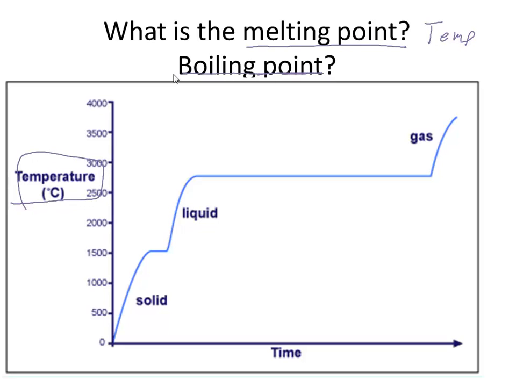So I have a solid here, and then I have my plateau here. It's still solid here, and it becomes a liquid here. What temperature is that? About 1500. That's my melting point. It's 1500 Celsius. Okay? Here I'm a gas, here I'm a liquid.